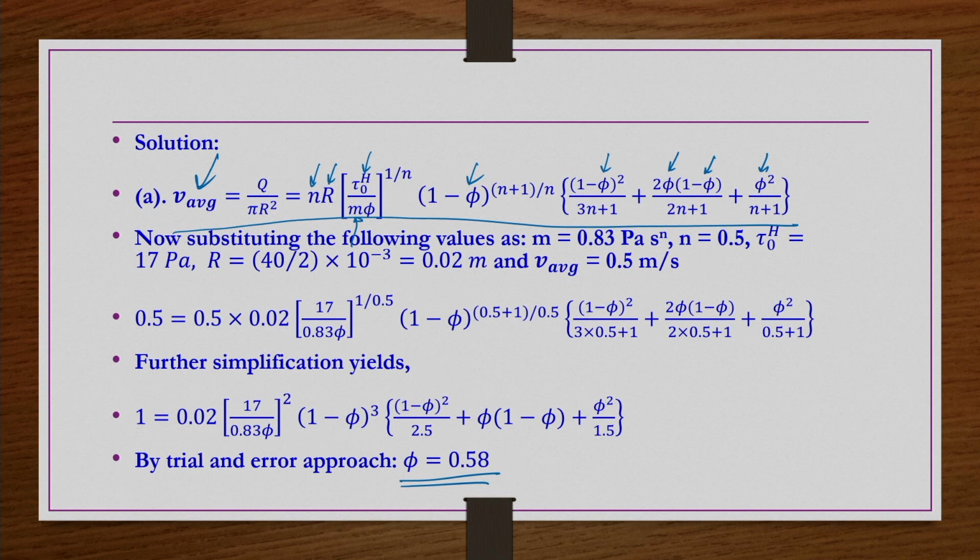So, that is Rp by R is 0.58. That is almost half of the cross section of the pipe is flowing like a plug. Half of the cross section is flowing like a solid plug. That is what we understand.